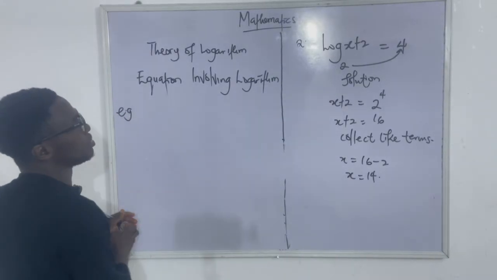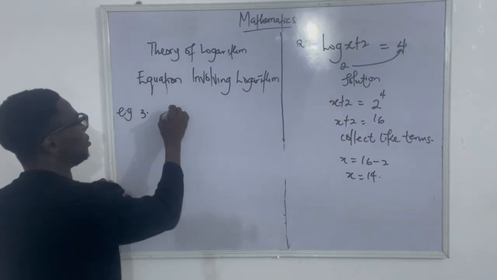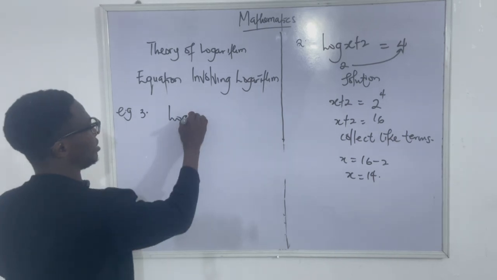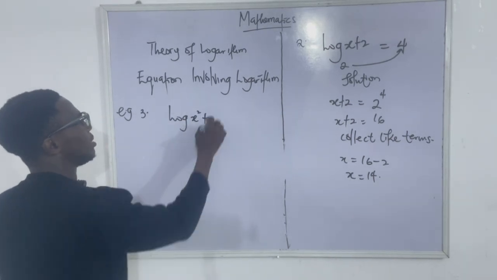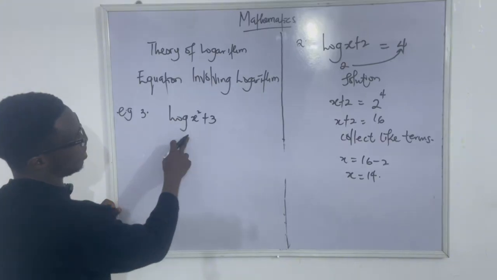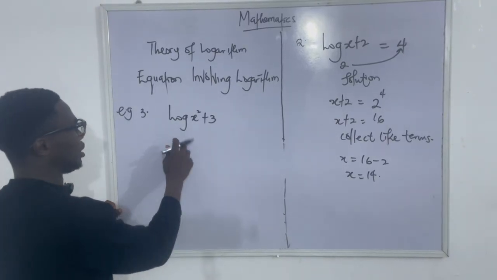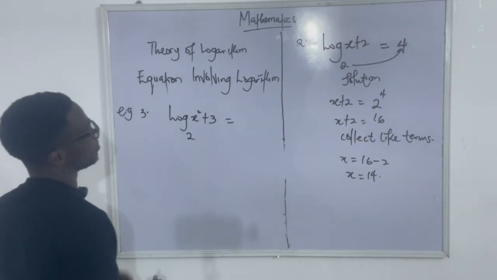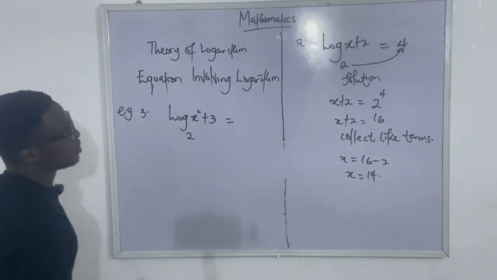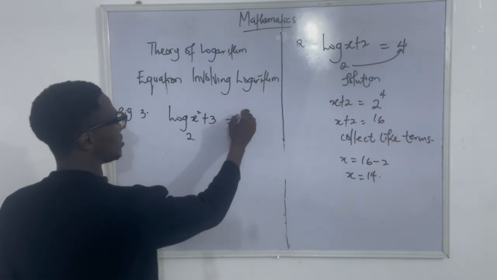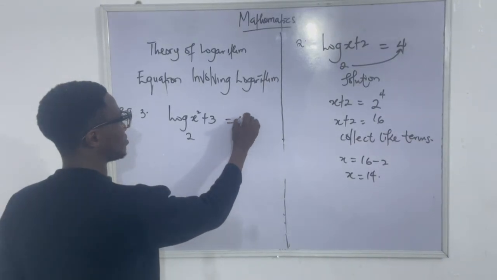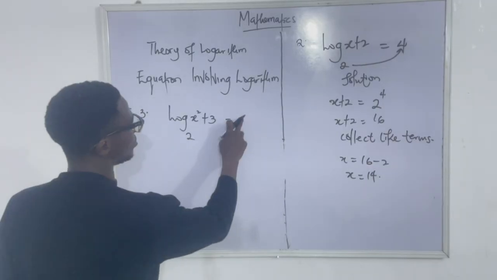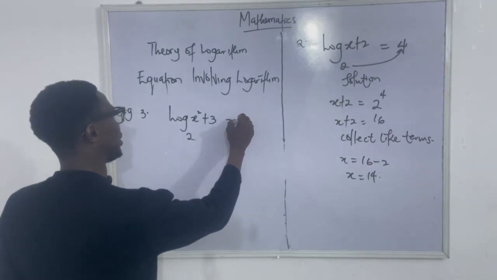Let's say log x squared plus 3 base 2 equals 4.